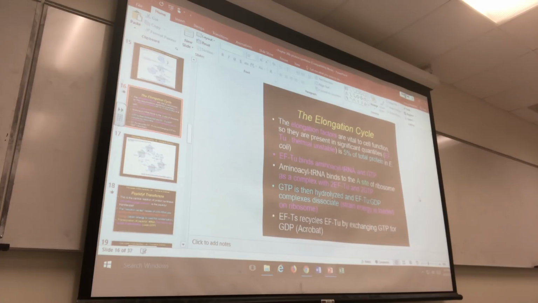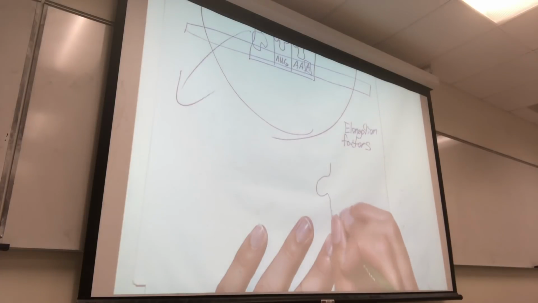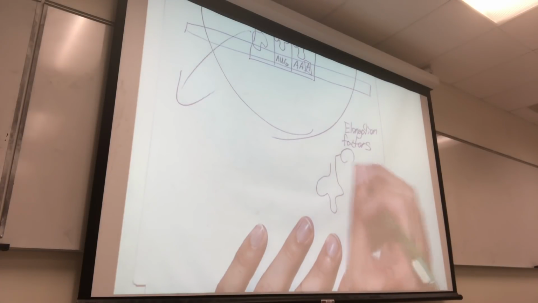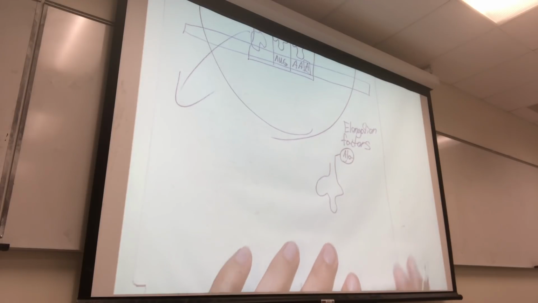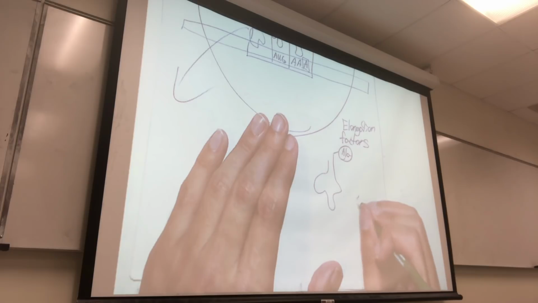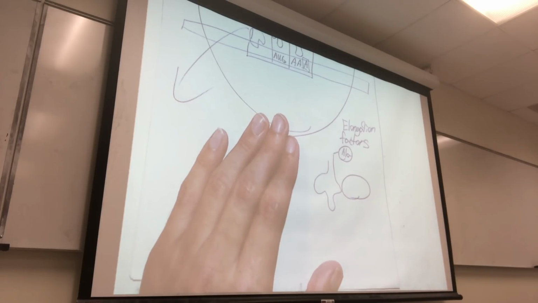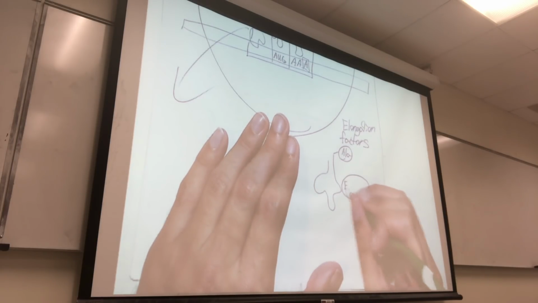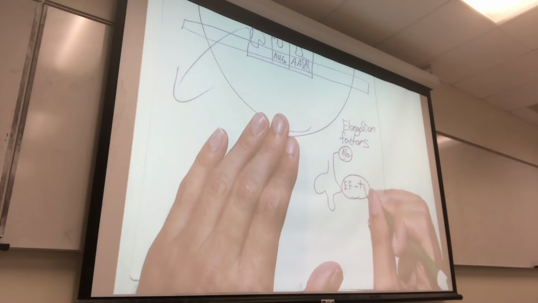So how does aminoacyl-tRNA even get brought to the acceptor site in the first place? So it turns out that, I guess I'll draw it down here. I guess we'll call it alanine. Every single aminoacyl-tRNA is being held onto via an elongation factor called elongation factor TU.